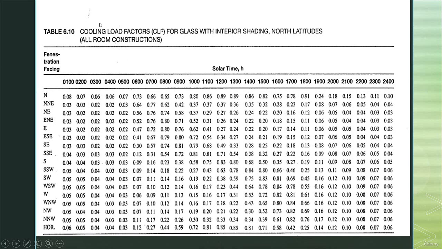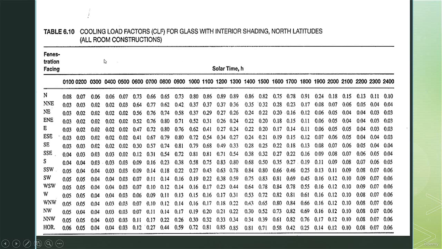After that we determine the CLF, the cooling load factor. Here you see the facing of your glass or window. If you have north, east, south, west or southwest, you select that facing. And here is the peak solar time, so you can select the peak solar time. Let's suppose you have 3 p.m., then you select the value here.